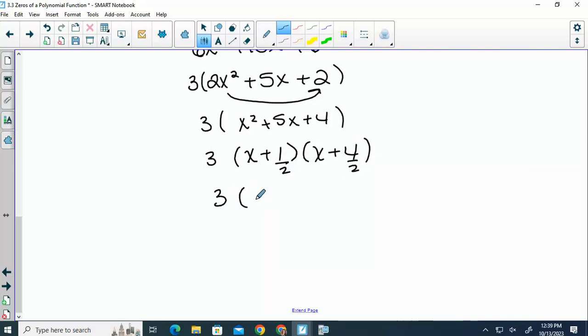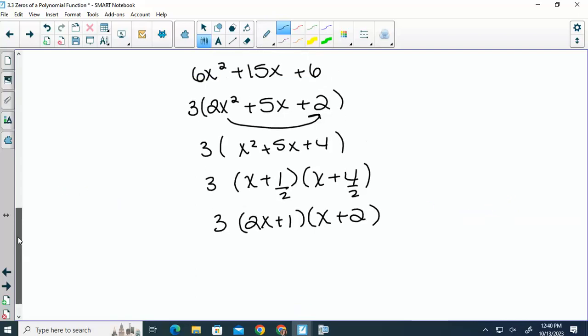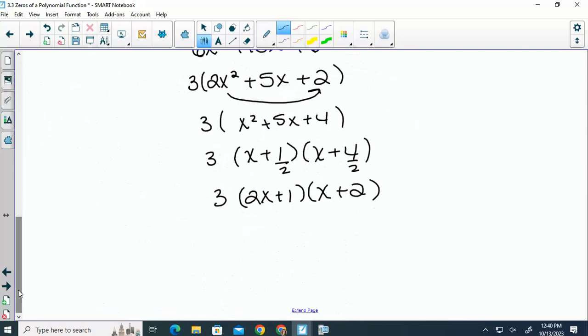So divide by 2. Over 2x plus 1. x plus 2. All right, so we need the zeros in the factored form.